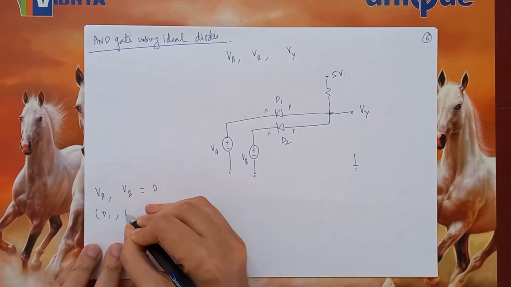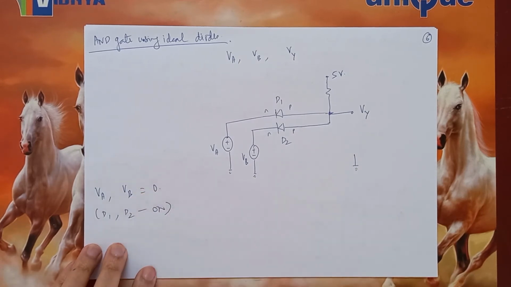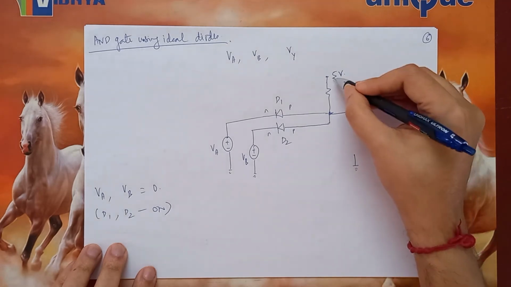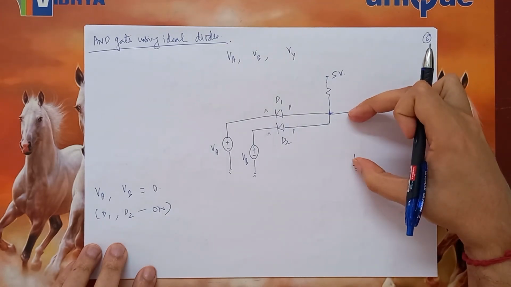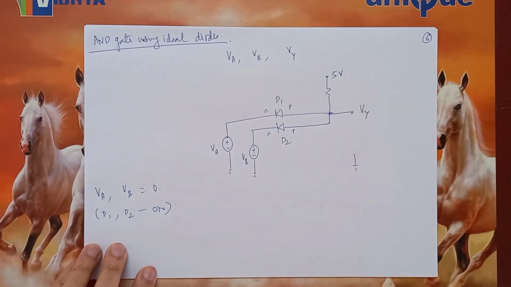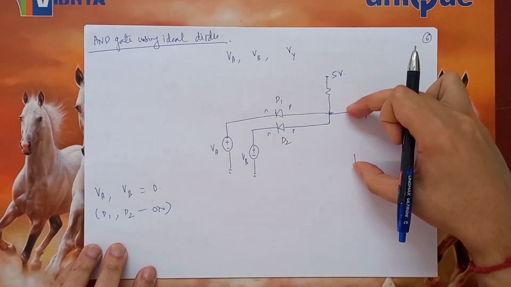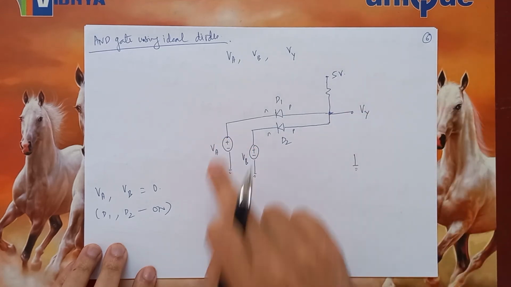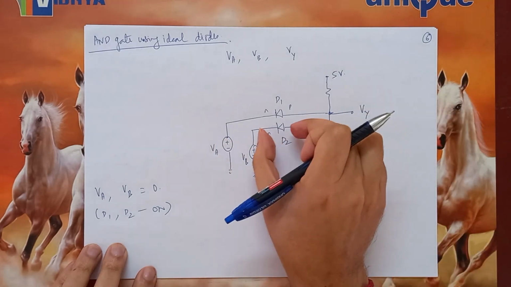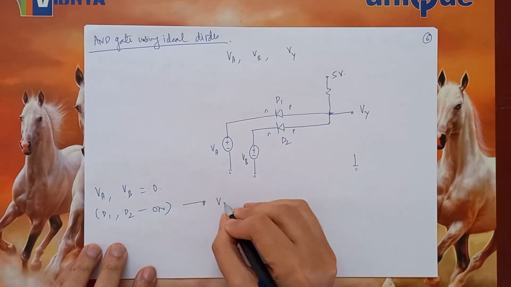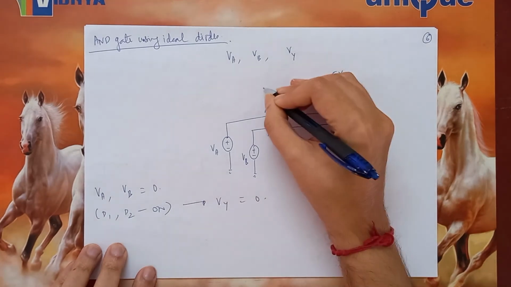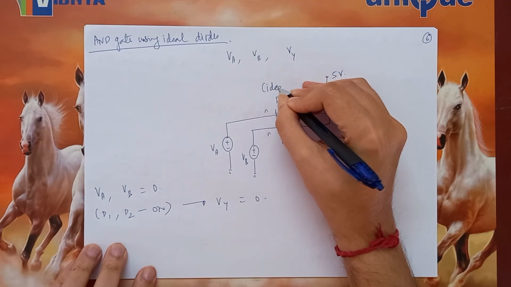So D1 and D2 will both be on. Therefore current will flow and VY will be nothing but the voltage it will see across ground. So therefore if VA and VB are both ground, all it will see is the diodes in parallel. So therefore this means VY is 0. Again, if we'll assume ideal diodes.